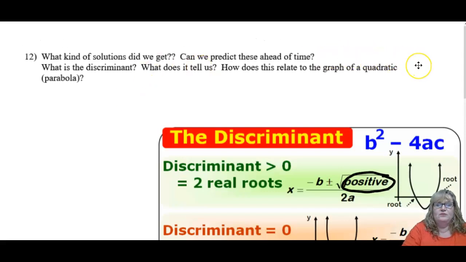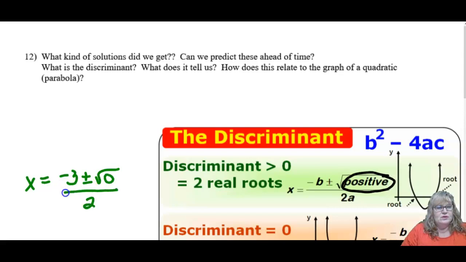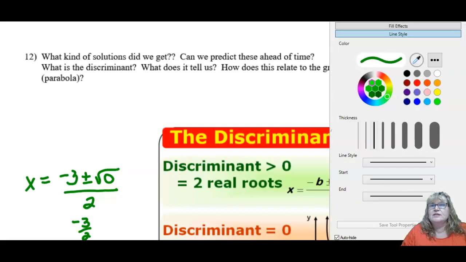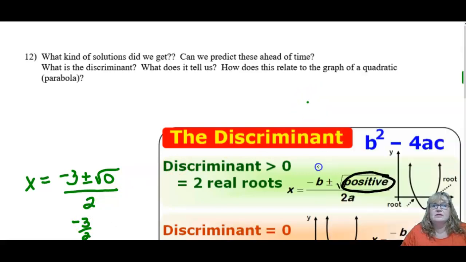In other words, if we had found an equation where it was x equals -3 plus or minus, and all this came out to be 0, we would have wound up with only one solution because plus or minus 0 is 0. So I didn't have a good example of that. I apologize.